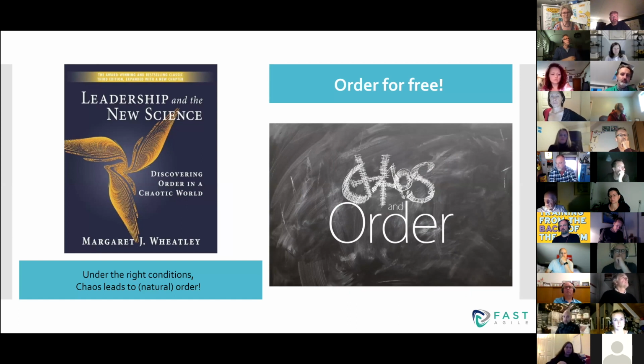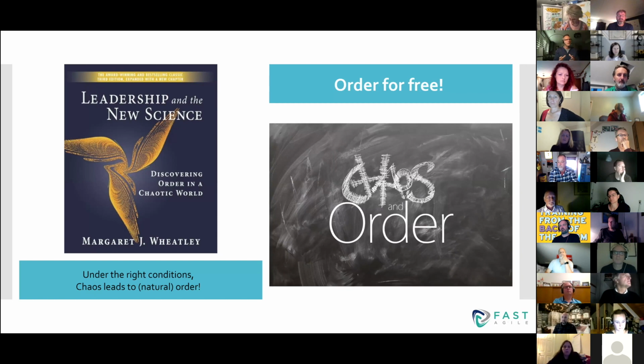If we need to create a reordering, and this is what happens at OpenSpace events, doesn't it? We go, okay, now go. I have no idea what's going to happen. No one knows what's going to happen. So we actually purposely kick off a chaotic event. And out of that chaos comes order, right? Because in 20 minutes, we've gone from chaos to order. So there is a relationship between these.